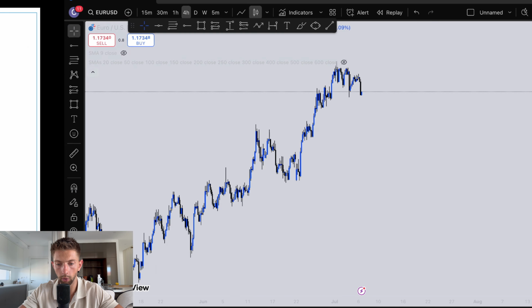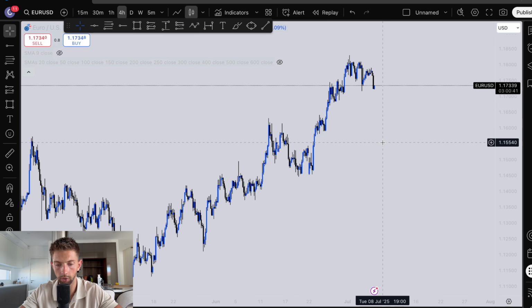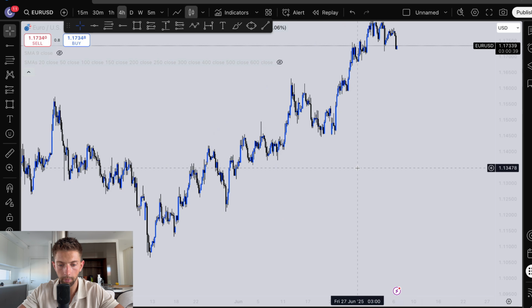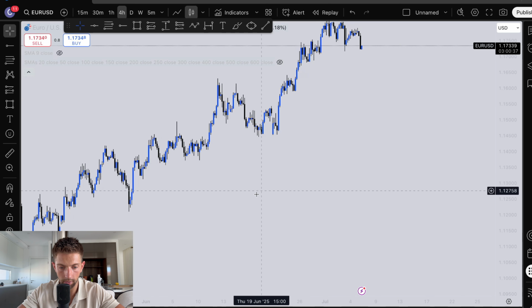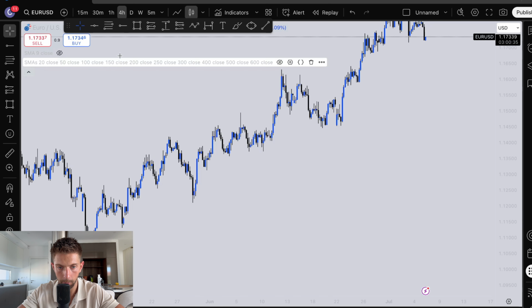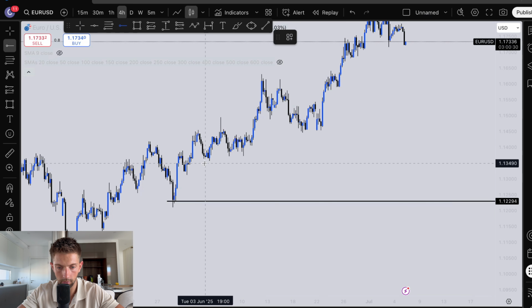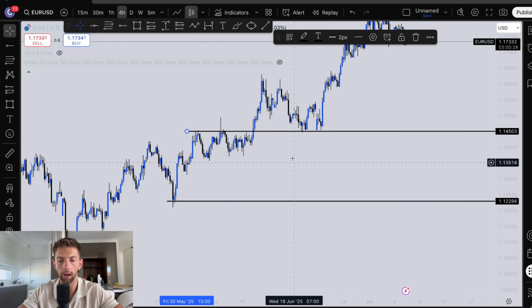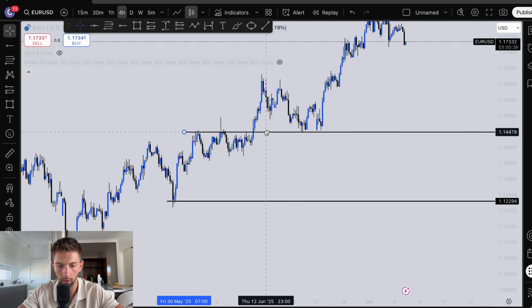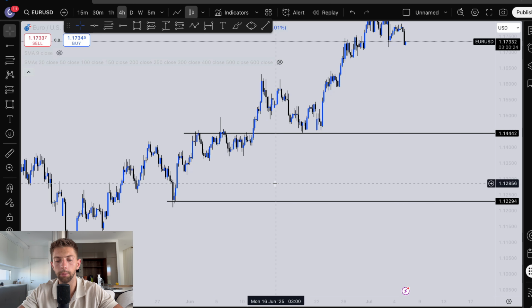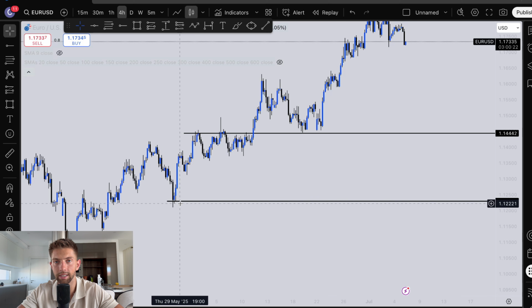Okay, so if I go on chart, let's mark them out for you guys to understand. Let's start right here. So this was my swing low, this was my swing high. And again, how am I drawing these swing highs and swing lows? I'm drawing them based on candlestick closures.